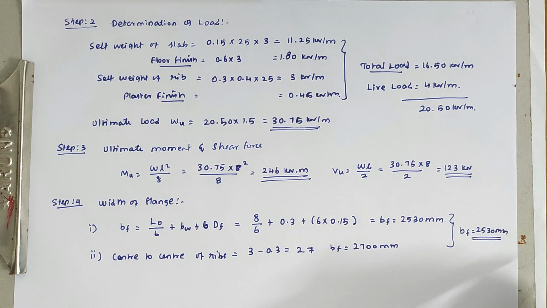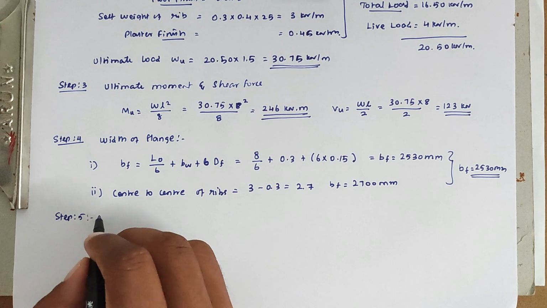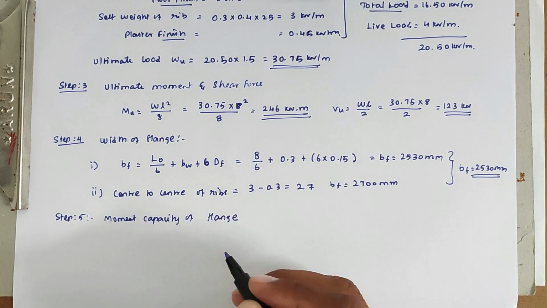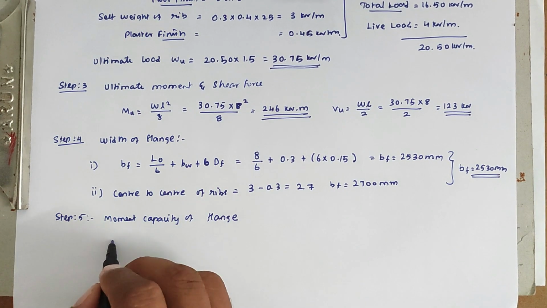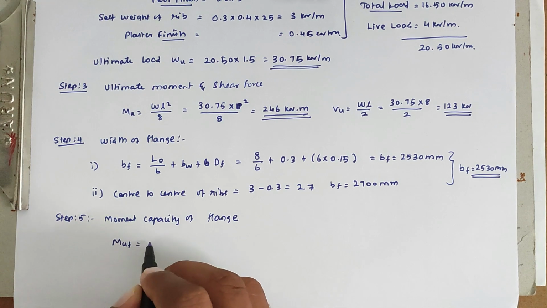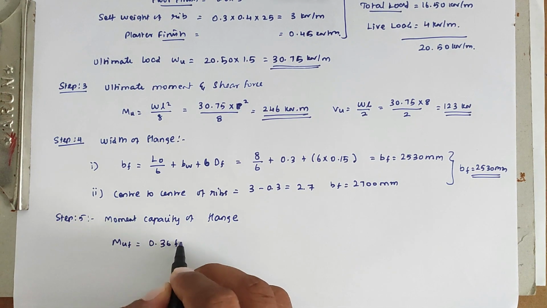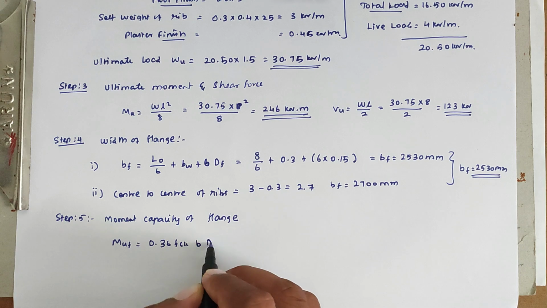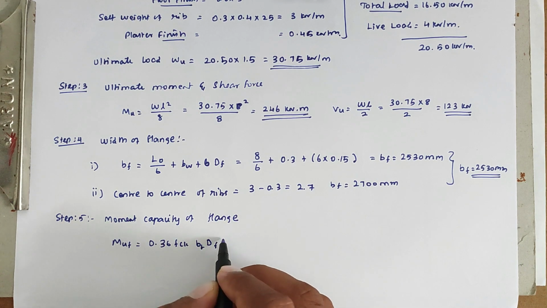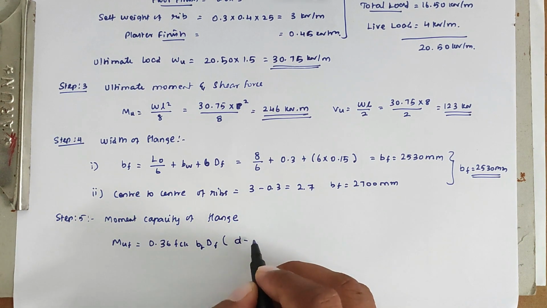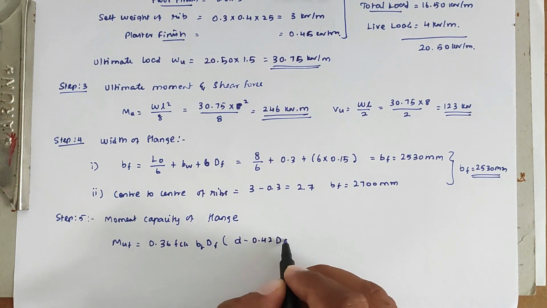Next thing is moment capacity of flange. So now we take step 5, moment capacity of flange. We can take MUF equal to 0.36 FCK B into BF into DF into D minus 0.42 into DF.